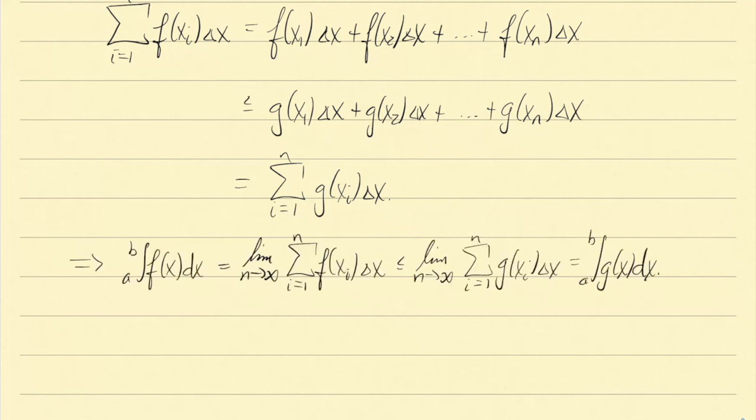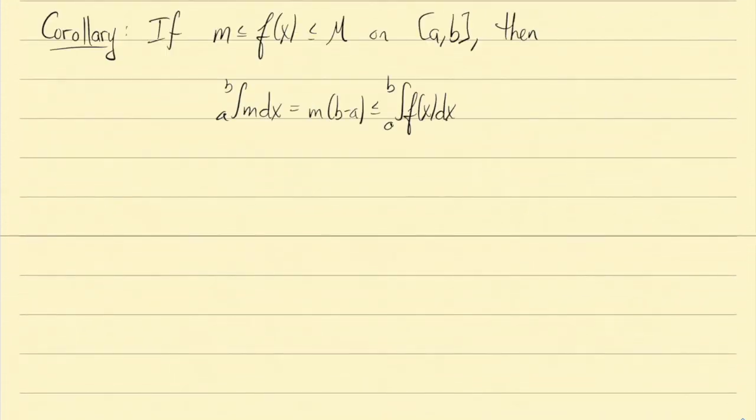There are two special cases here that are nice. Namely, we can give estimates for an integral based on lower and upper bounds on our function. So here we can use two applications of the theorem that we just proved. On the one side, we have the constant function little m.